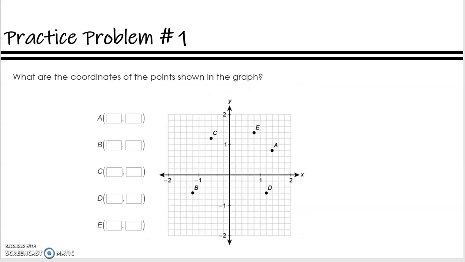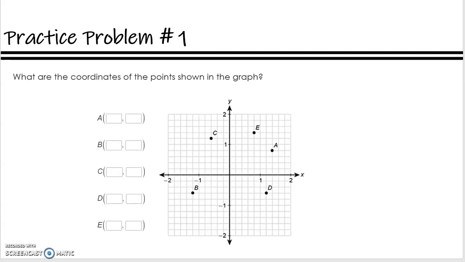Okay. Go ahead and pause this video and see if you can figure out the coordinates of A through E. So let's look to see, okay, it looks like 1, 2, 3, 4. So this time, these are actually in fifths. 1/5, 2/5, 3/5, 4/5, and then 1 whole would be 5/5.